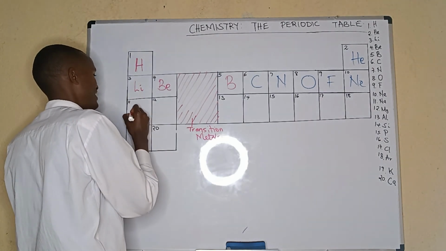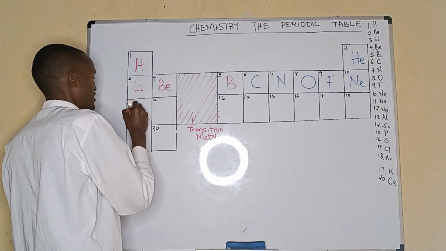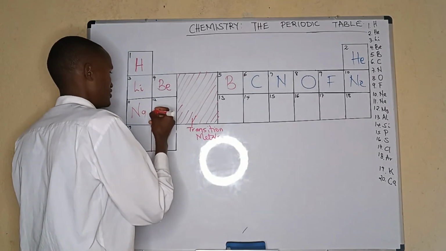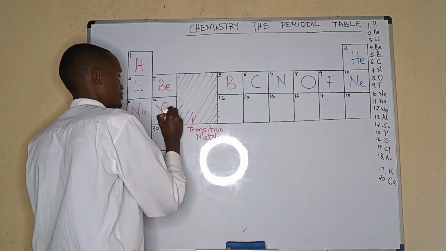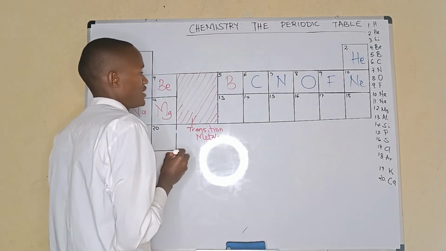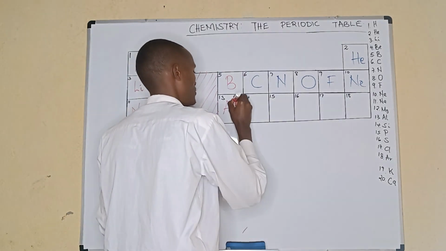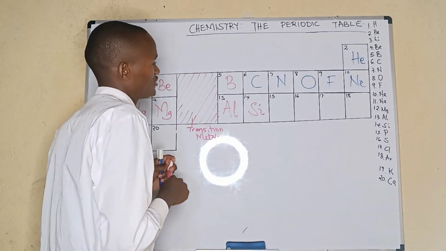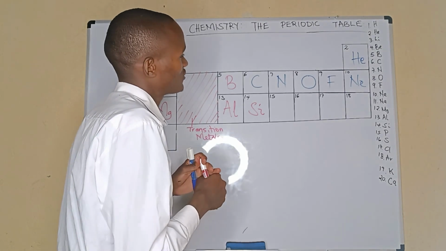Come back with the red pen. You will see the reason why. Number 11 is sodium. Number 12 is magnesium. 13 is aluminium. 14 is silicon. 15 is phosphorus.